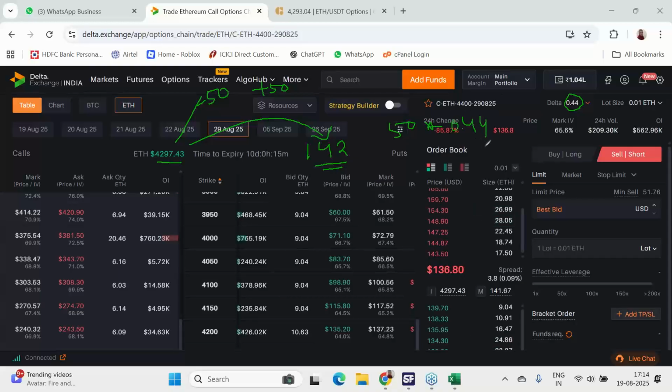I am using the calculator, and this is 22. So 22 USD. So you can reduce it if you are buying at 142. Now you can keep 120 as your stop loss if you are just taking a 50 plus or minus 50.